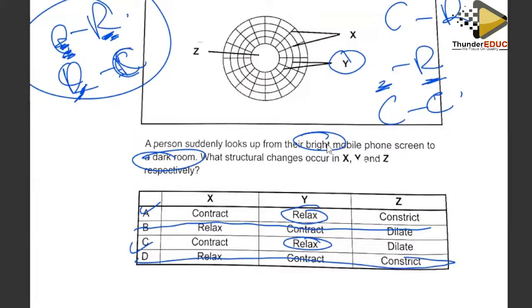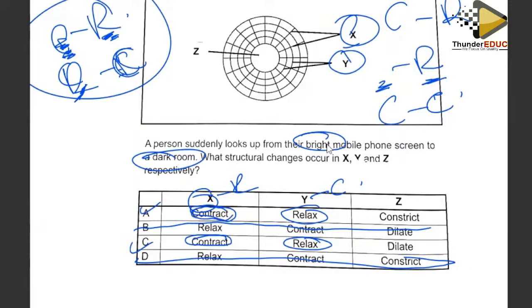Okay, we go to the next one. Radial muscles contract. Radial muscles, we said it is X. This is the radial muscles, this is the circular muscles. Radial muscles contract. So we see this one is contracting.